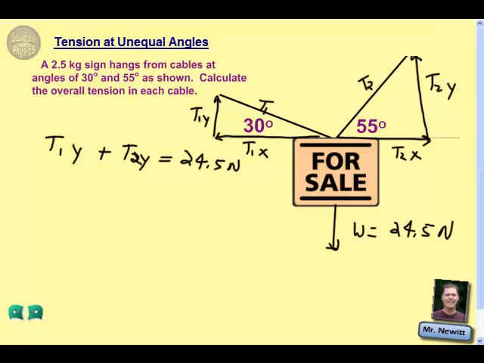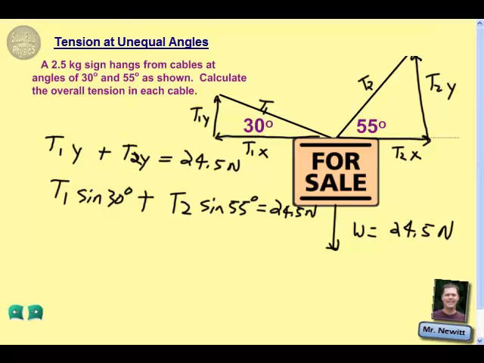And how do we calculate T1Y? Well, T1Y will be T1 times the sine of 30 degrees plus T2 times the sine of 55 degrees. And we know that that will have to equal 24.5 newtons.